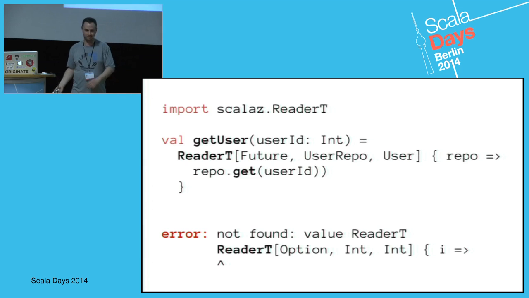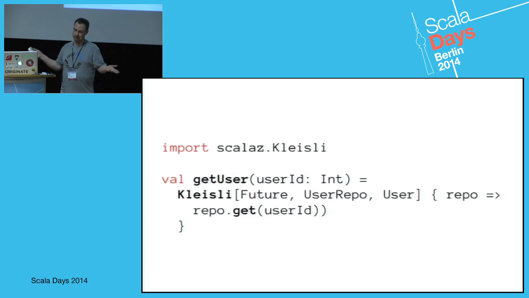And the Scalaz people decided to define the Kleisli arrow and then make ReaderT just a type alias to Kleisli. So we have to write it actually like this. If you don't know what a Kleisli arrow is, don't worry, just whenever you see that K word, pronounce it ReaderT.